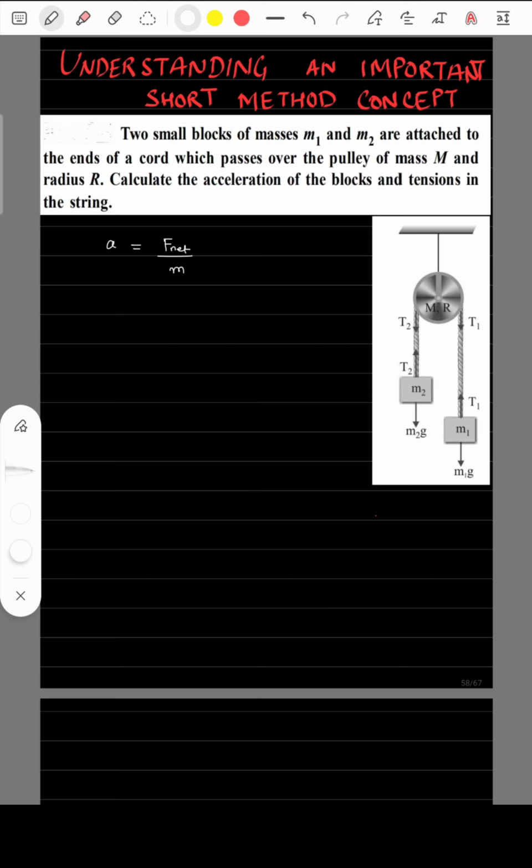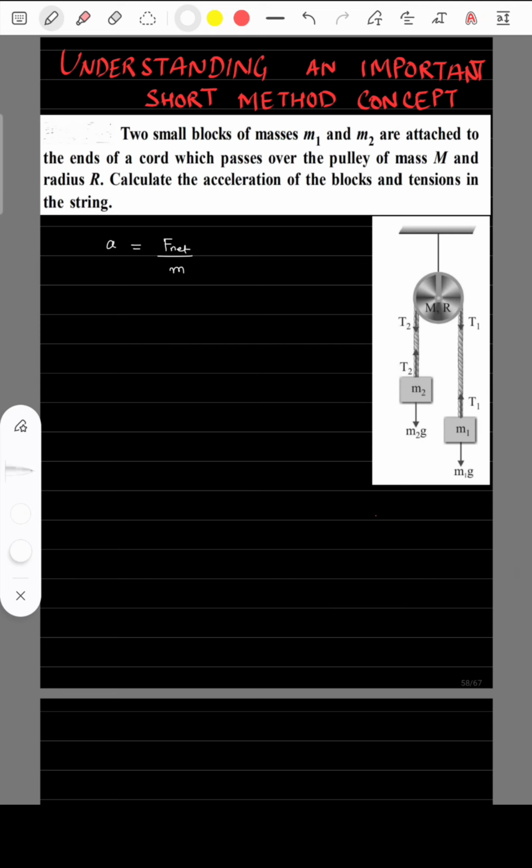This is valid up till the laws of motion chapter. When we enter into the rotational motion chapter, what we find, the pulley now has some mass. The pulley has some mass, hence it will have some inertia, and that inertia will resist the acceleration of the blocks.